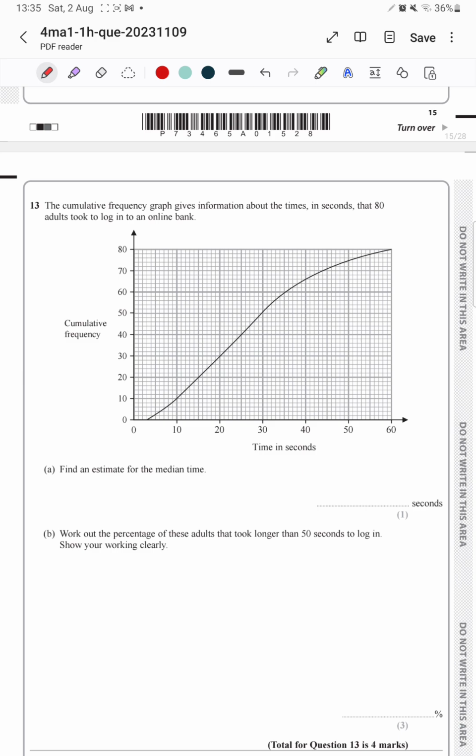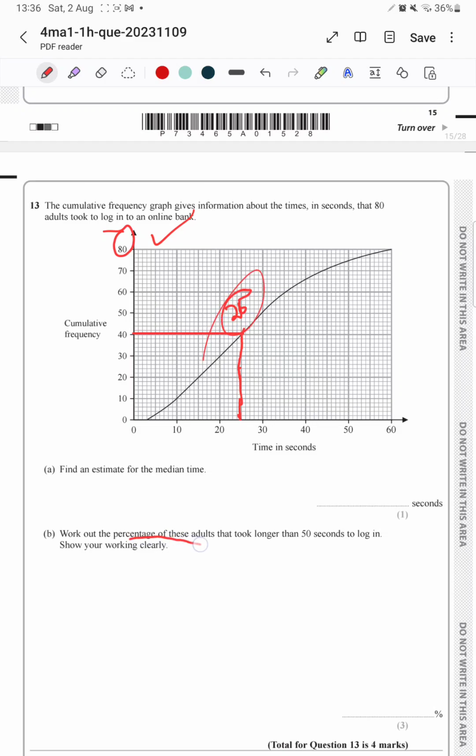Now what is the meaning of estimated median time? Here if you see, the n value is 80, because in cumulative frequency the total number of values is 80. So the median will be the 80 over 2, the 40th value. So this is our 40. And here if you see, what is the value going to be here? 25. So the median is 25.